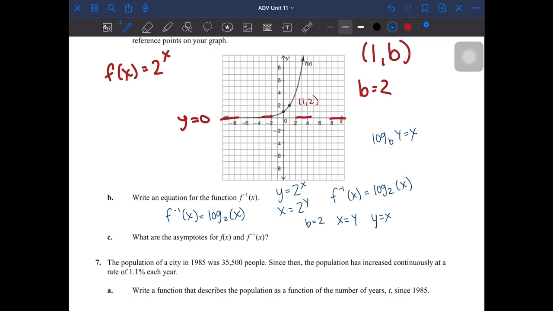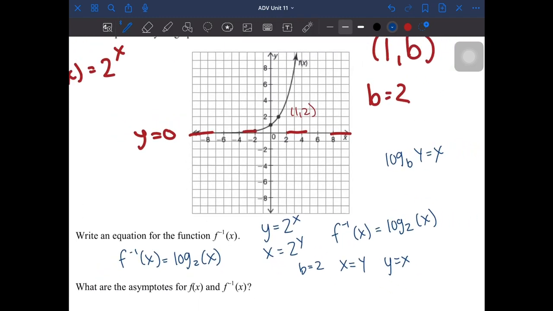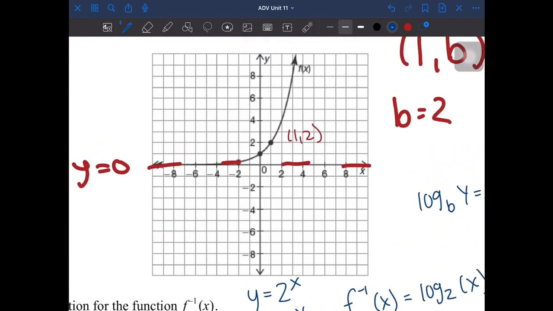Now, when you are plotting it, your domain and your range are going to change and your points are going to change. So this one right here is (0, 1). They're just going to swap. So it's going to be (1, 0). So it's going to go right here. This point right here is (1, 2). So it's just going to swap. It's going to be (2, 1).